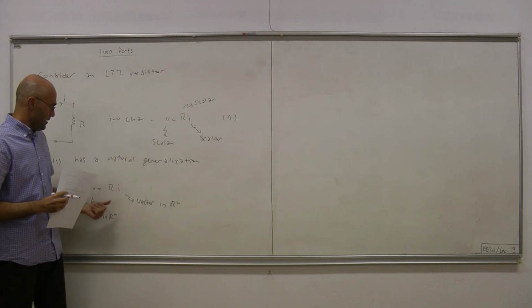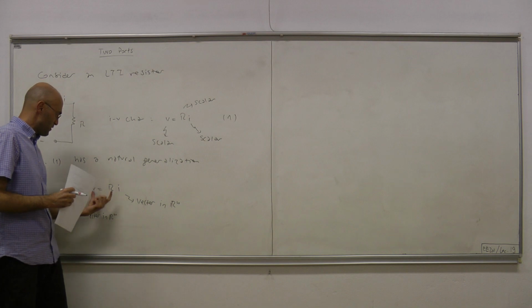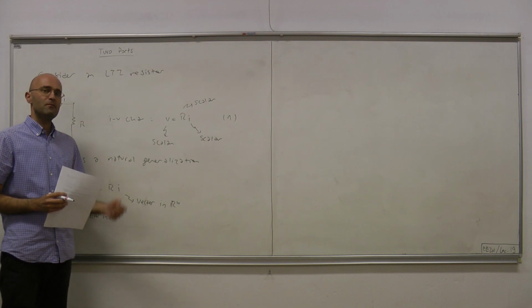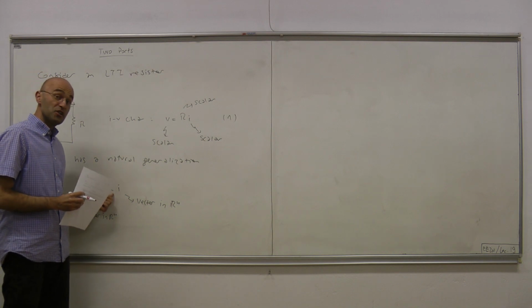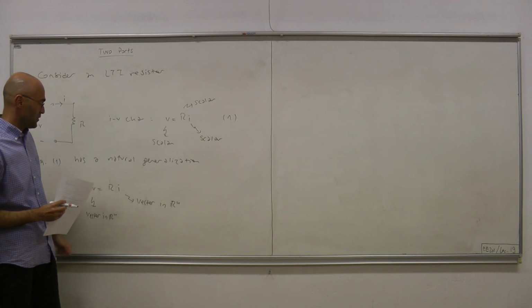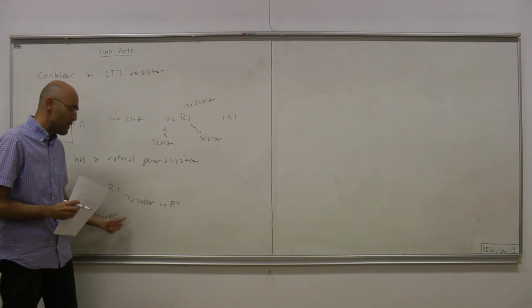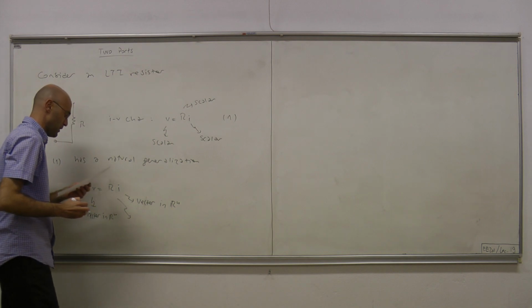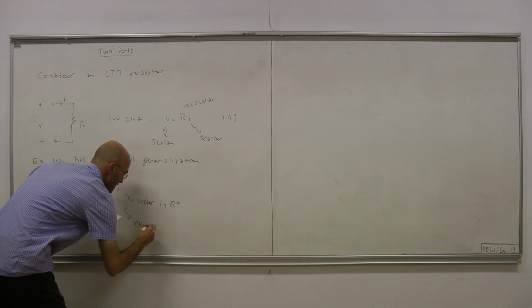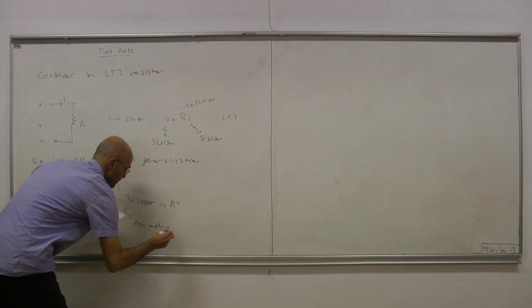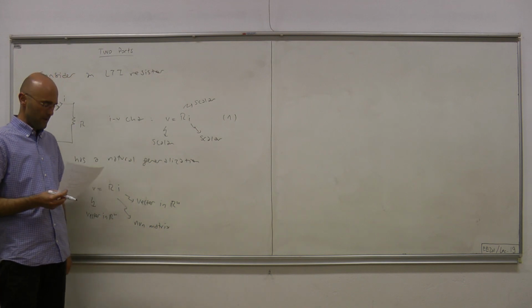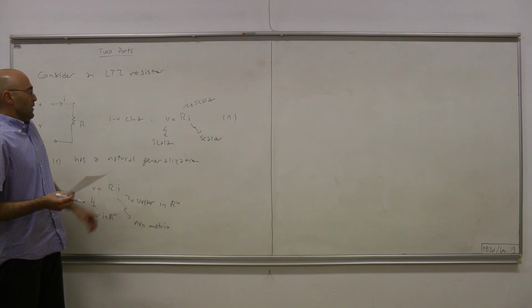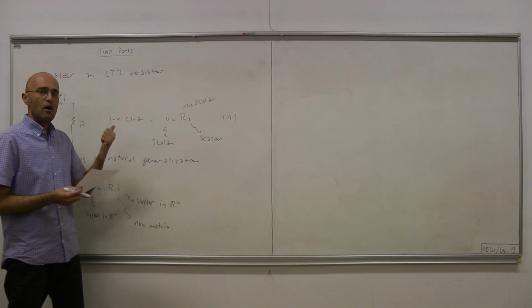Then R, for this equation to make sense, could be either a scalar or a matrix. If it's a matrix, then it should be an n by n matrix, and that's the interesting case. Therefore, we'll be considering that n by n matrix.